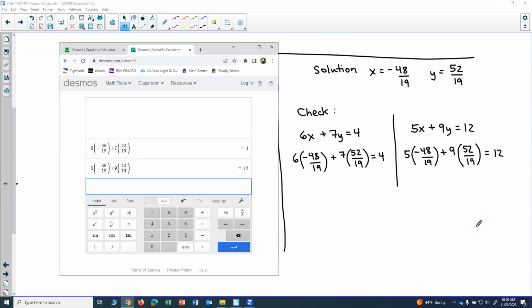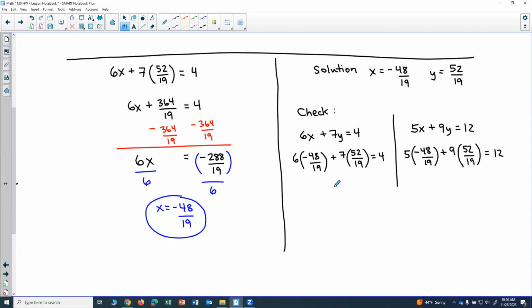So you can use the calculator. You can either use Desmos or your scientific calculator or the TI-84. But what you're trying to show is that the left side of the equation equals the correct value for the right side of the equation. So since both of these checked out, that means that this solution is correct. X equals negative 48 over 19, y equals 52 over 19.